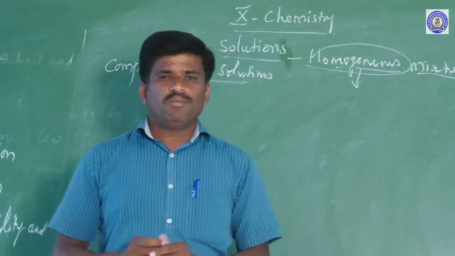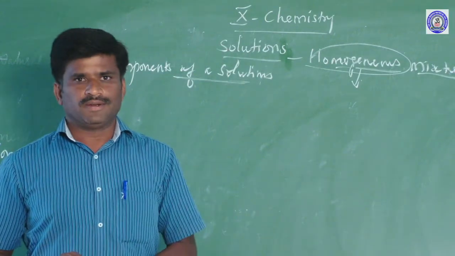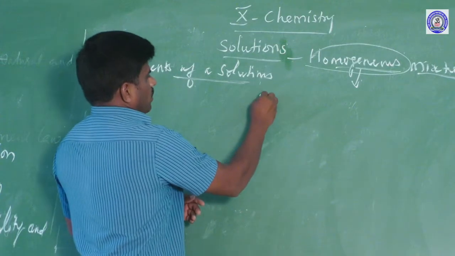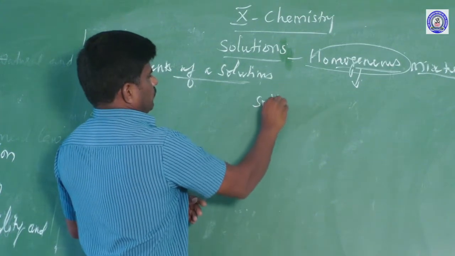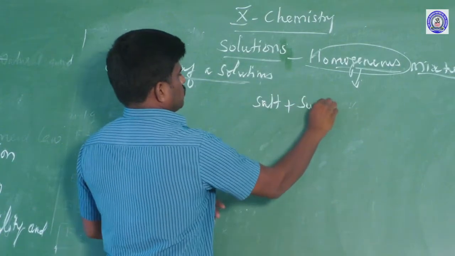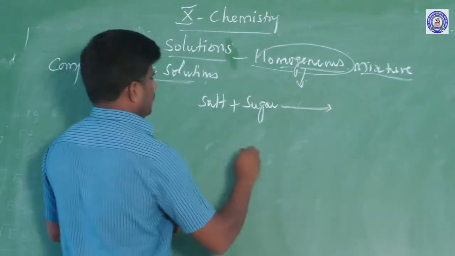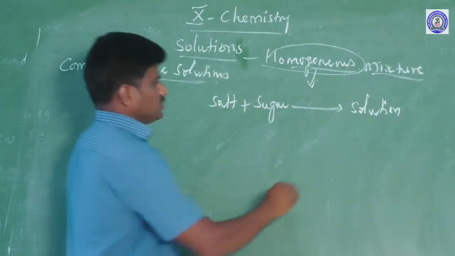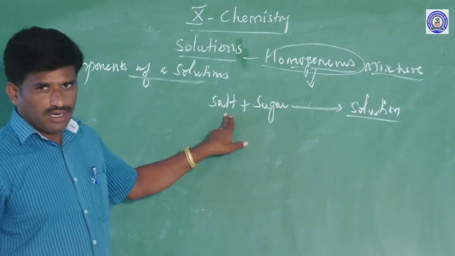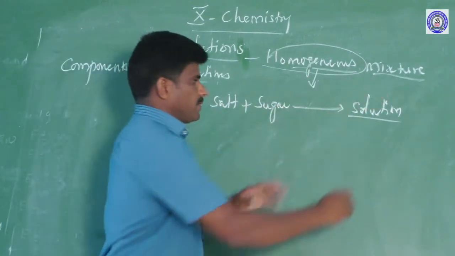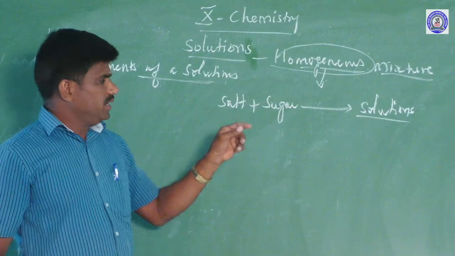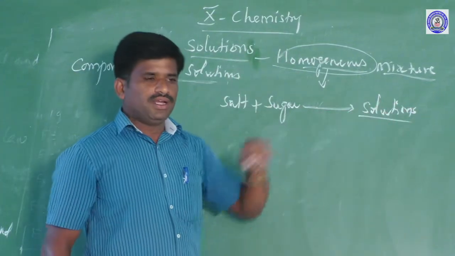Even the sugar completely dissolves in the solution. Now, what components are present? Salt plus sugar and water. So here salt dissolves completely, and sugar also dissolves completely.